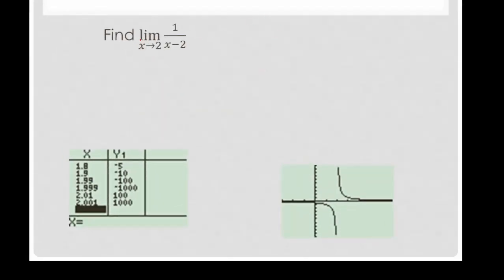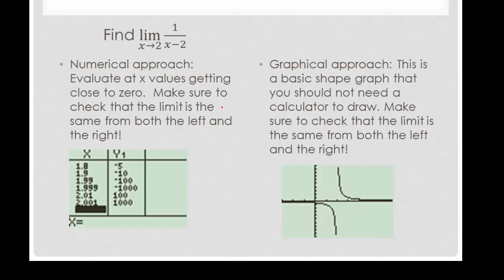Let's instead take a look at the limit as x approaches 2 of 1 over x minus 2. And again, we can do this numerically or graphically. If we look at it numerically, we evaluate x values getting close to 2. Make sure to check that the limit is the same from both the left and the right.